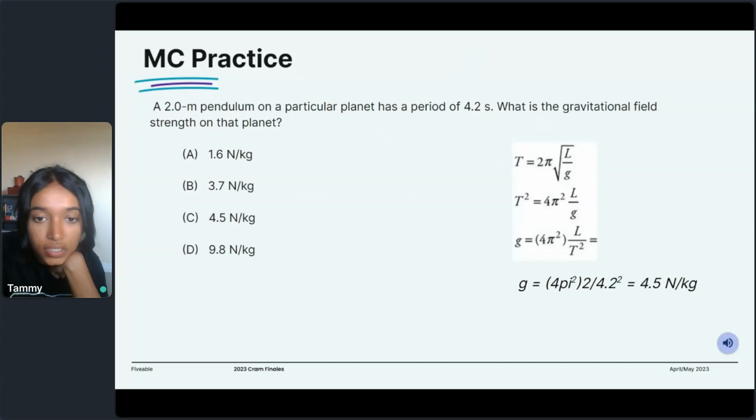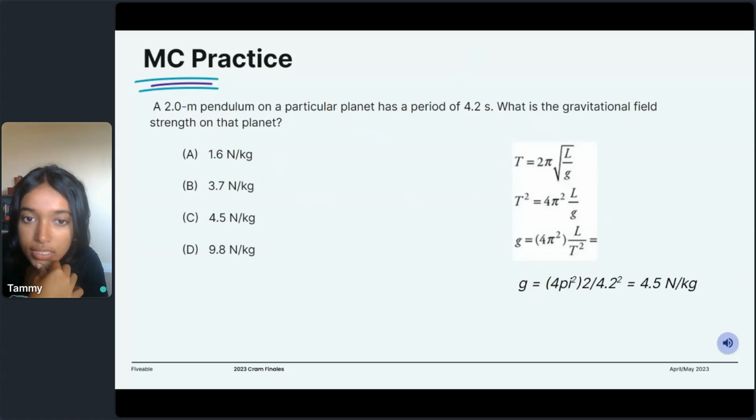That's the reason why 2 pi became 4 pi squared and why T became T squared. And after that, it's just some plug and chug. For L, we're told that the length of the pendulum is 2 meters and the period is 4.2 seconds, and then that's squared. And then that's how we get that answer.